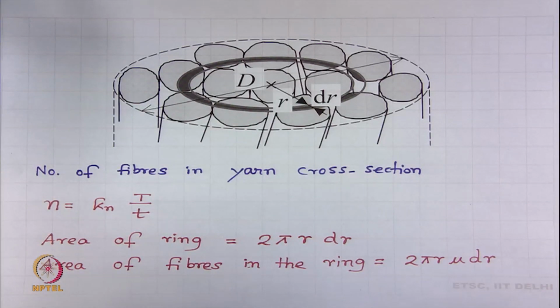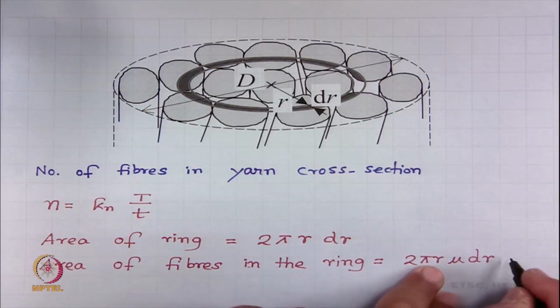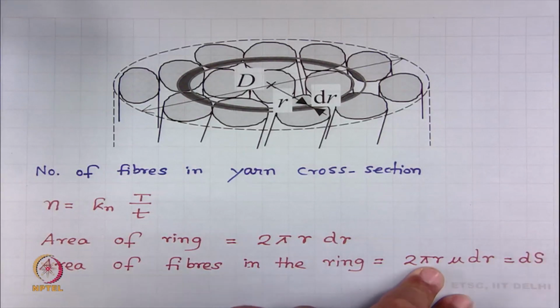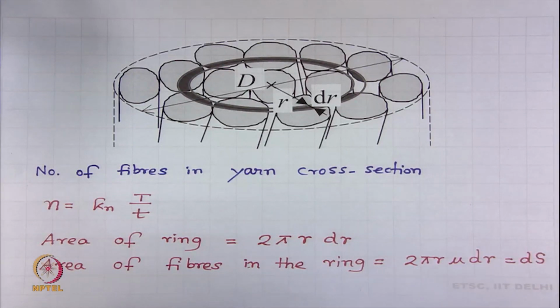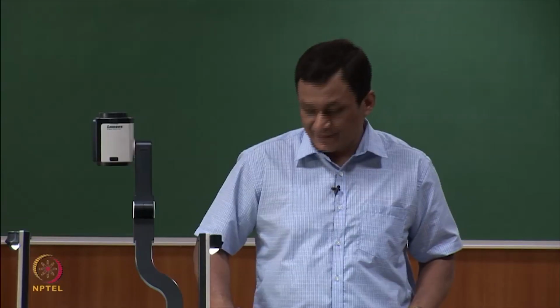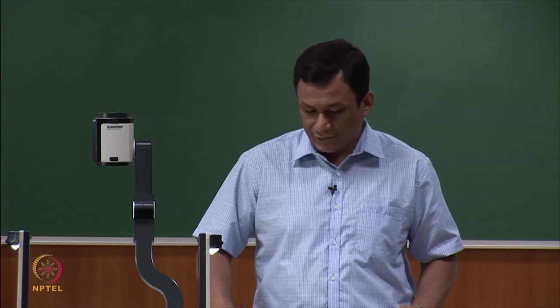Right. Let us think that this area is equal to this. You remember the symbol capital S? Substance cross sectional area of yarn, which basically consists of the sectional areas of fibers. So, dS. Okay.